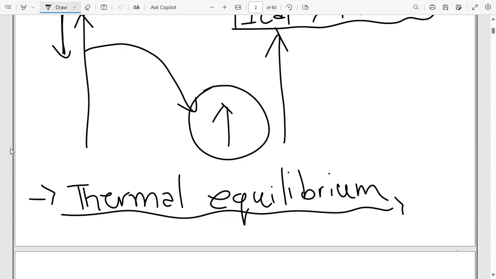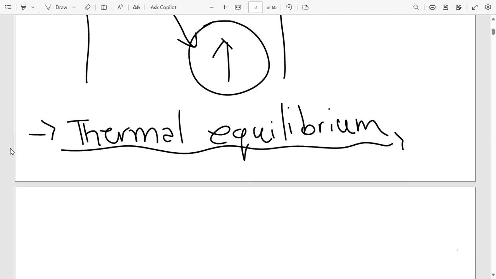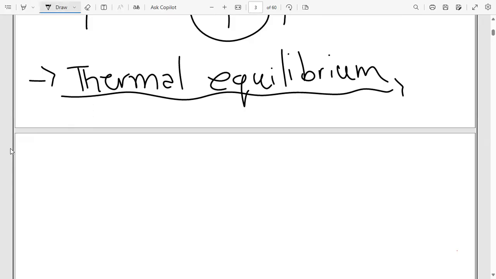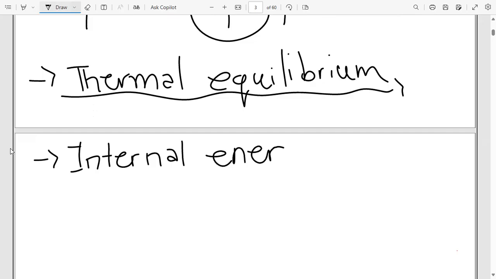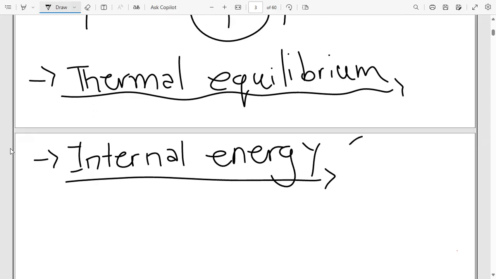But if you look at one system individually, you're going to find that it also contains its own type of energy that we call internal energy. So this is represented by the letter U in physics. And how can we describe what we call internal energy?